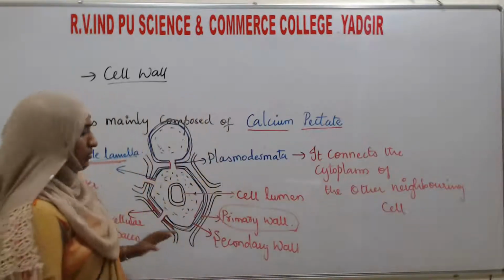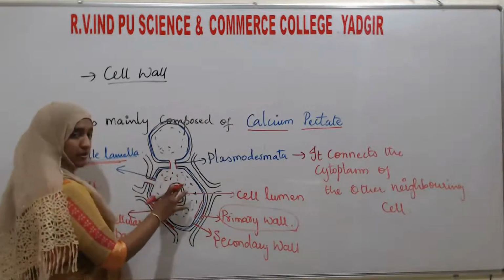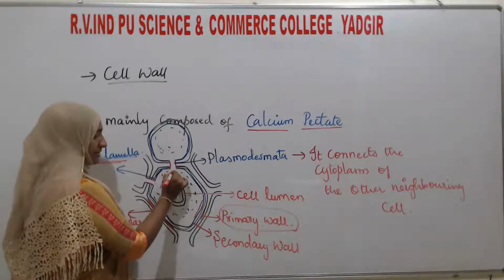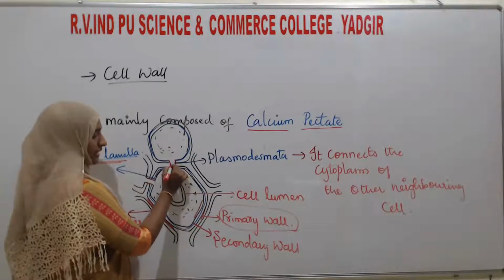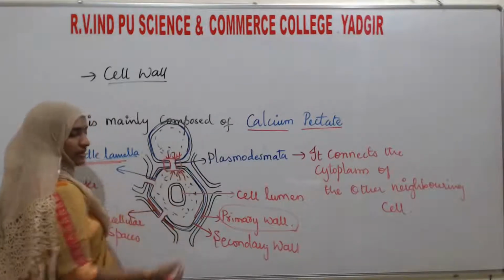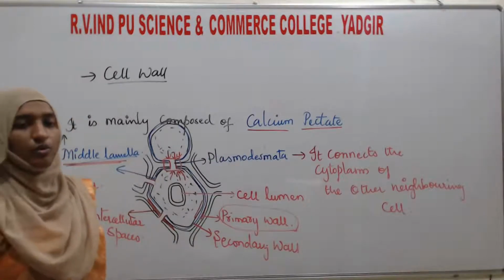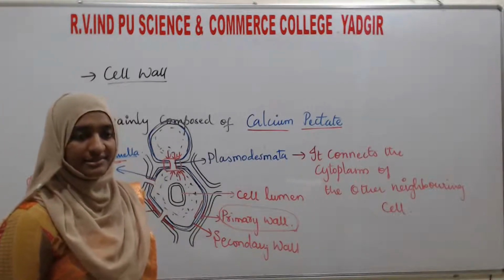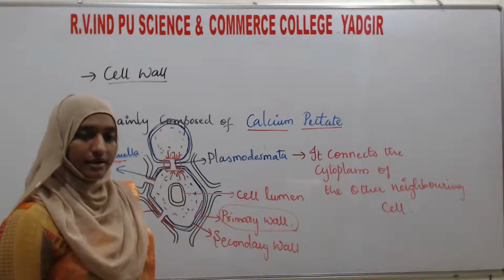Whatever cytoplasm is present in this cell is connected to the other cell by a structure known as the plasmodesmata.